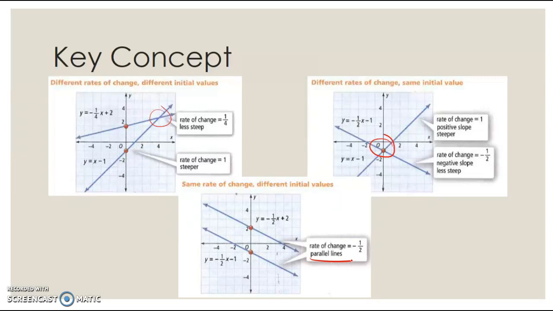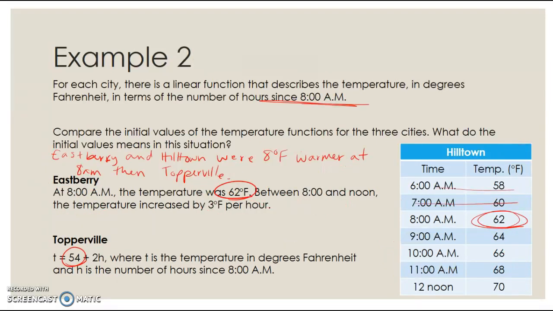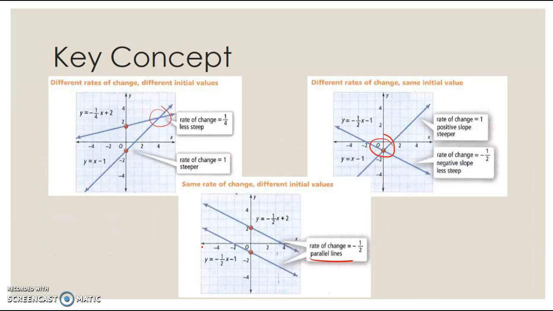So that would be like when we were talking in example 1, and the fact that Topperville and Hilltown had the same rate of change for degrees. So Topperville and Hilltown's graphs would be parallel lines. They would look similar to this because they have different initial values, but they have the same rate of change.